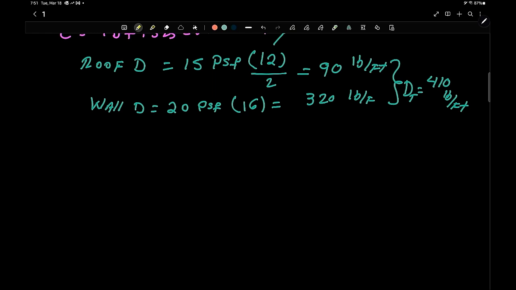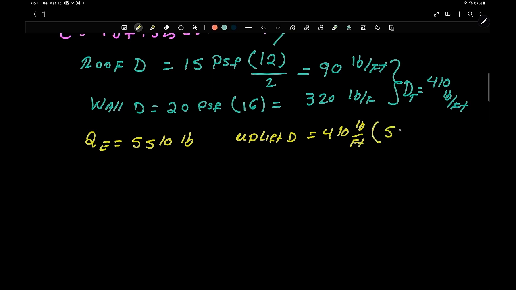Okay, so now we already calculated QE from above, which was 5510 pound. And then the uplift for the dead load is this 410 pound. Remember, that's a pound per foot. You got to convert it, times 5 feet.